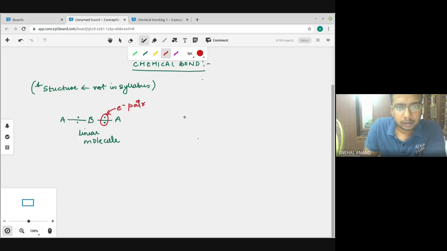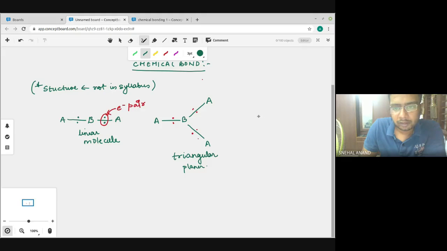If you have three around the central metal, they will again try to be at maximum distance from each other, and it will look somewhat like this. This is called triangular planar. It's a triangle in one plane.